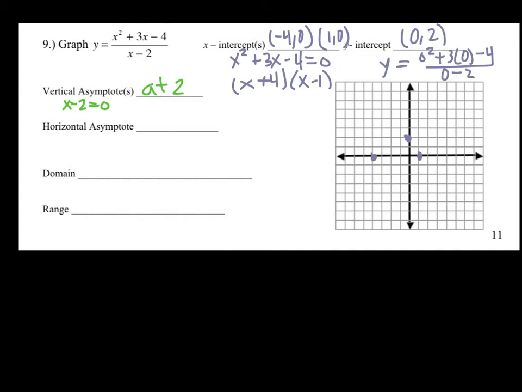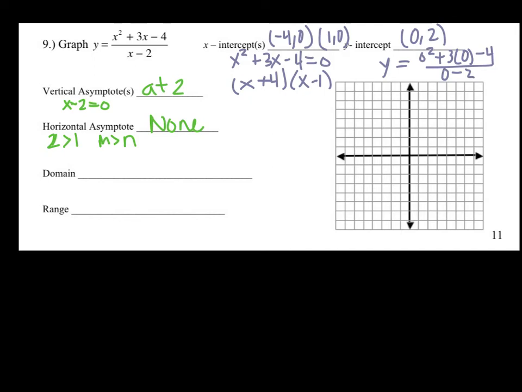Now, I forgot, I'm going to hold off on plotting my points because I'm going to need to make a different scale. So we'll go back to the points. Horizontal asymptote, you're looking at your exponents. So we've got a squared over a linear. So 2 is greater than 1, which means when m is greater than n, there is no horizontal asymptote.